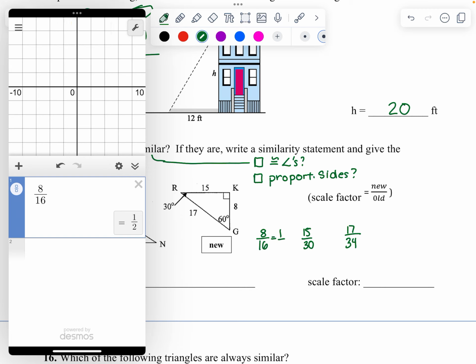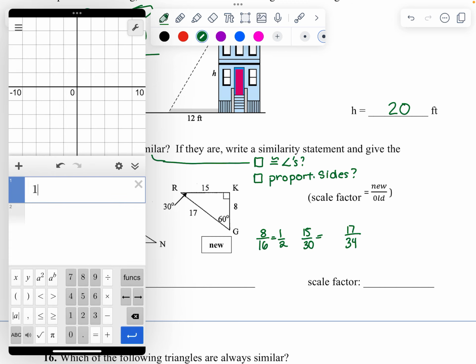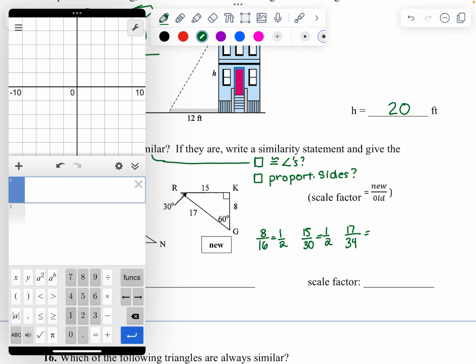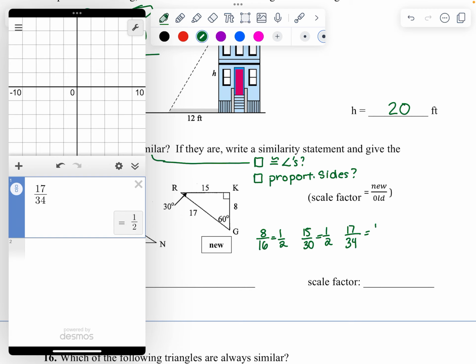This simplifies to 1/2. This simplifies to 1/2. And this simplifies to 1/2.